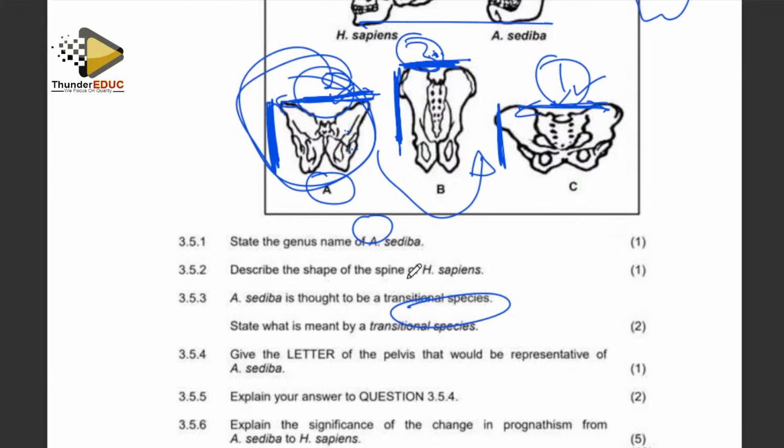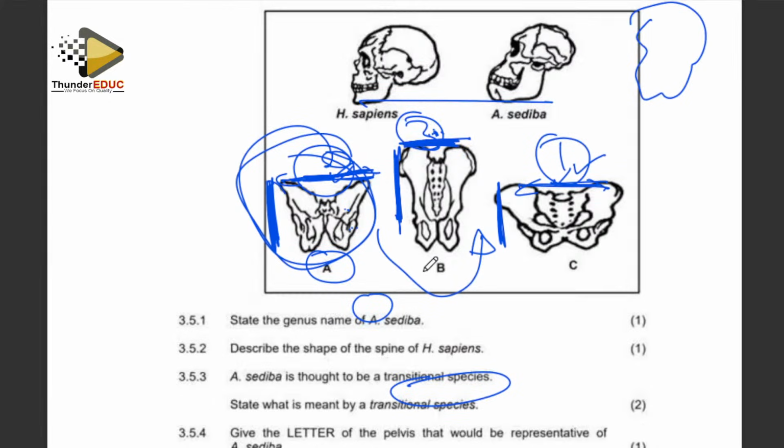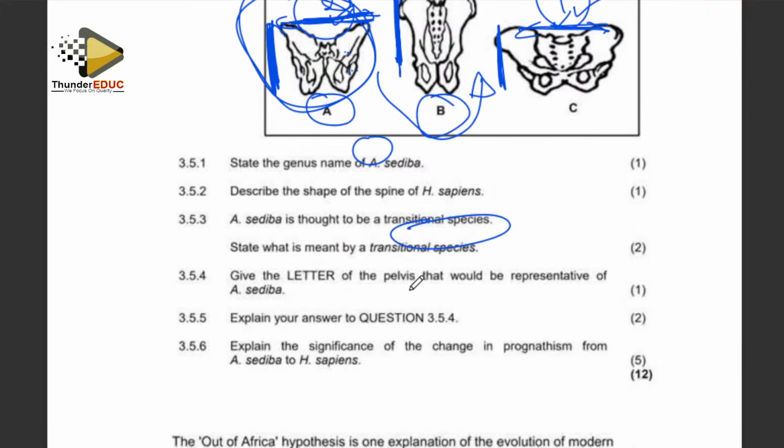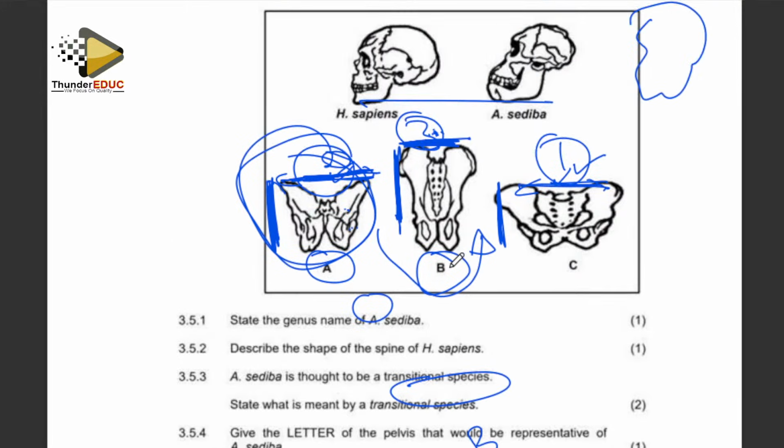Remember, Australopithecus sediba was not walking on 2 limbs, so it is going to be B. Give a reason for the answer: because sediba was quadrupedal, meaning it was walking on 4 limbs, so the pelvis is long and narrow.